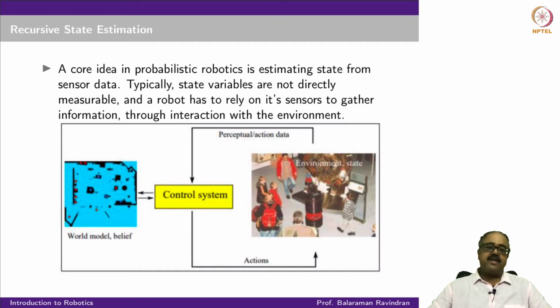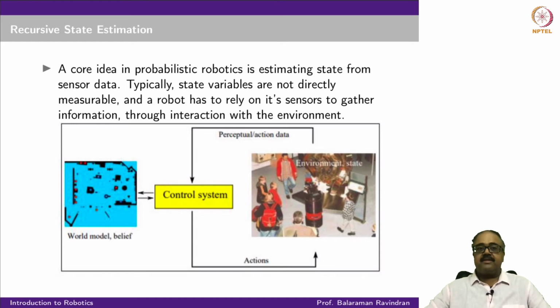So the recursive state estimation problem looks at this. Given all the sensory information I have, and a knowledge of what it is that I am doing in the world, the sequence of actions that I have tried to take in the world, can you tell me what is my exact state right now?